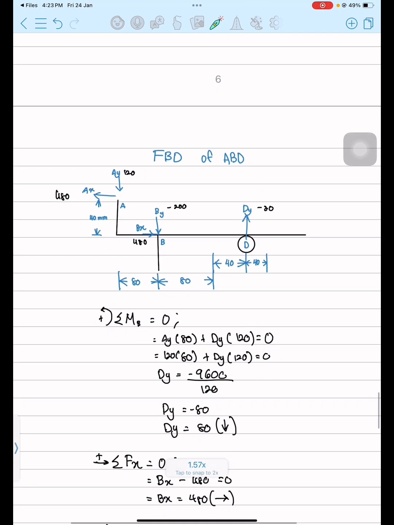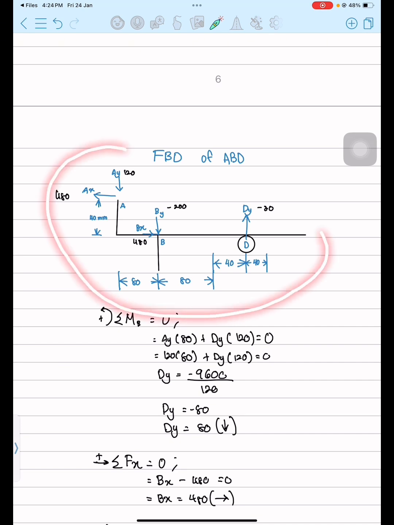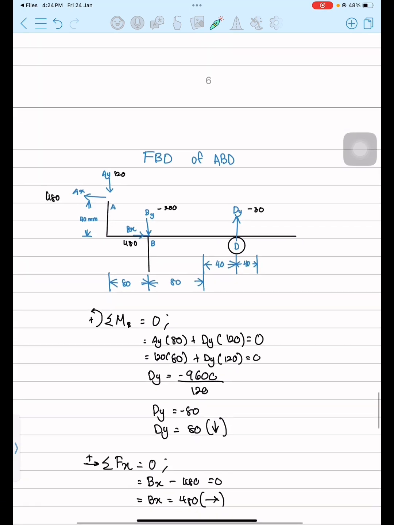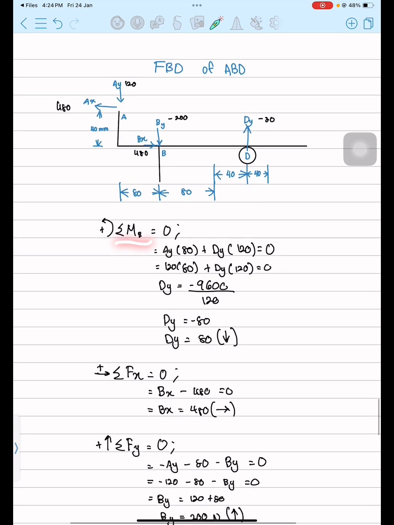After that, we go to the free body diagram of the ABD point. Same as the free body diagram of ACE, we get moment, Fx and Fy. For moment, I choose counterclockwise, from left to right.